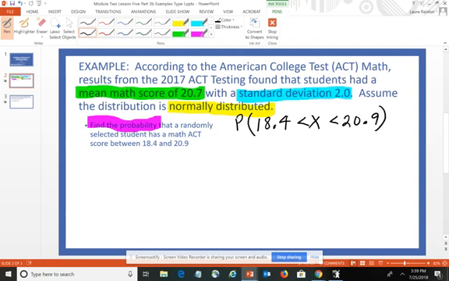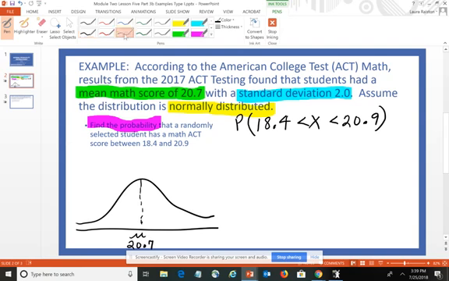It'll help you if you create a visual by drawing the graph. So I'm going to draw my horizontal axis and my bell-shaped curve with the mean in the middle, which is 20.7. The low score is 18.4, which would be below the mean, so I'd be somewhere here on the left.